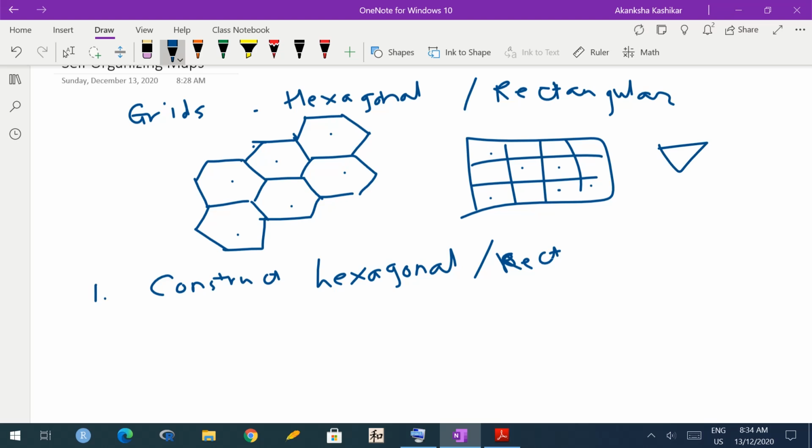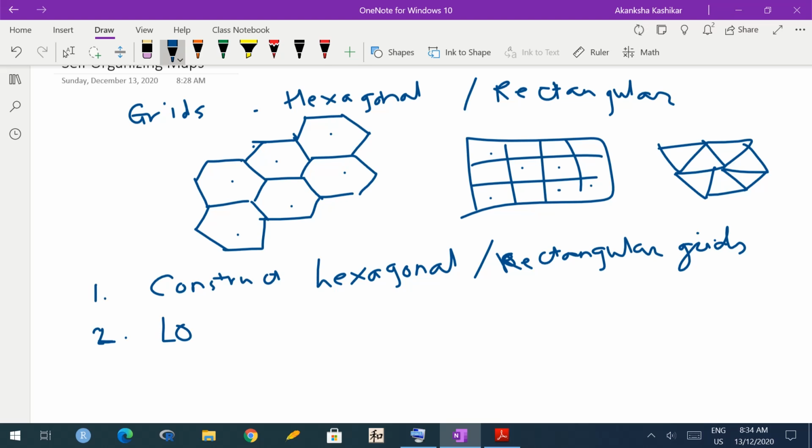Triangle is I think possible. So this is also okay. Okay. So construct hexagonal or rectangular grids. As I said, we don't have to actually construct grids. They get automatically constructed if you choose some cluster center type of thing.